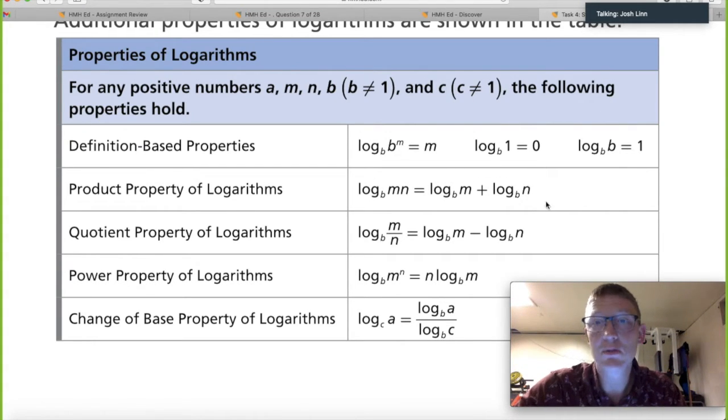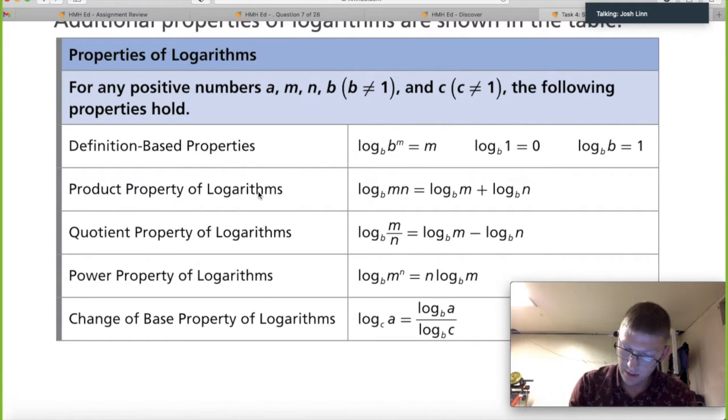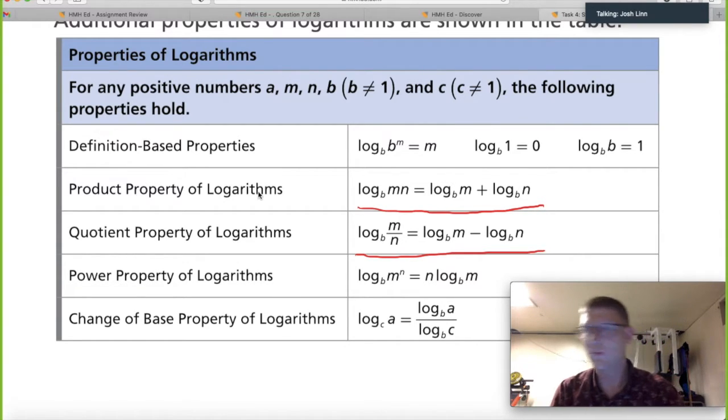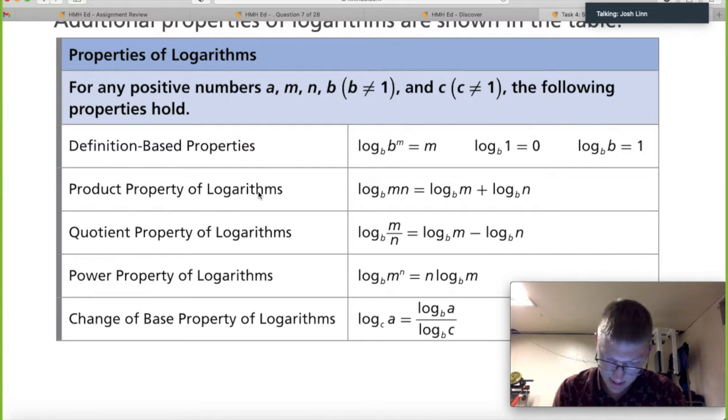So some things that we've seen earlier in this lesson are the product and the quotient. These are going to be very handy in the rest of your mathematical careers because everybody's moving on to bigger and better things. So notice log base b of mn is equal to log base b of m plus log base b of n.